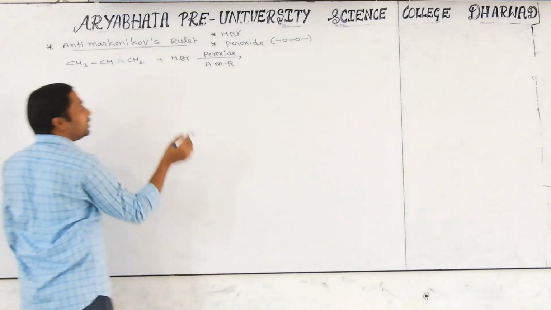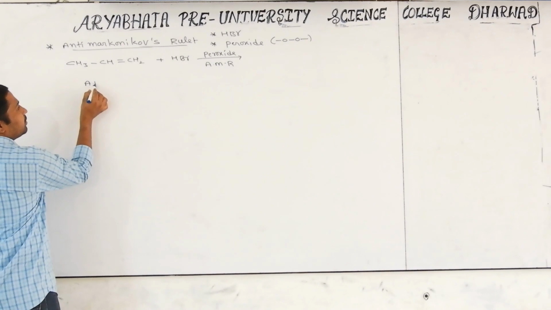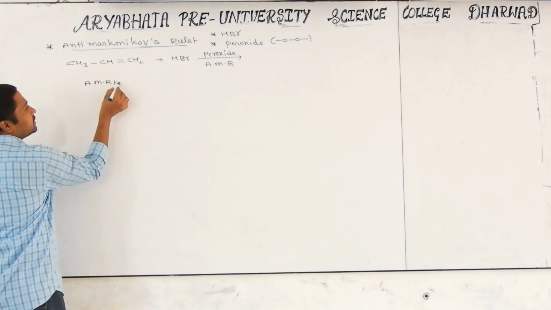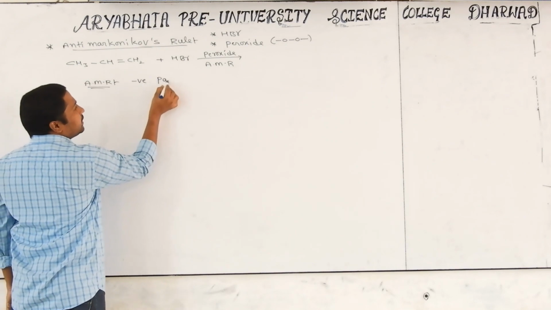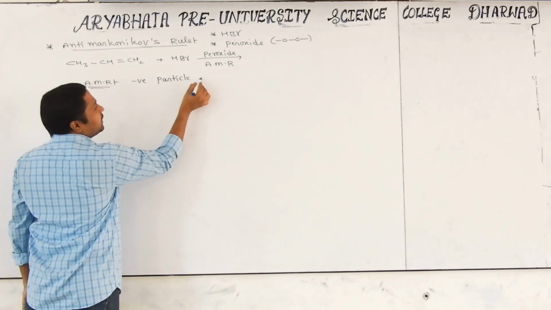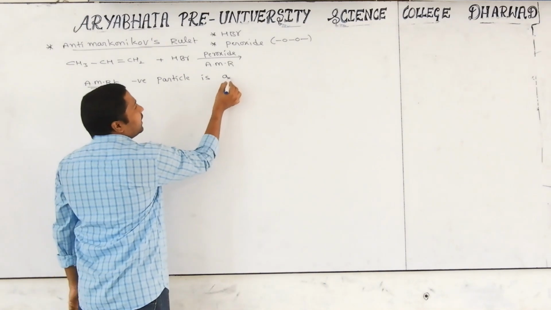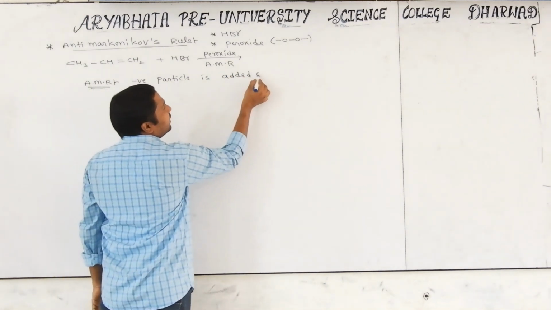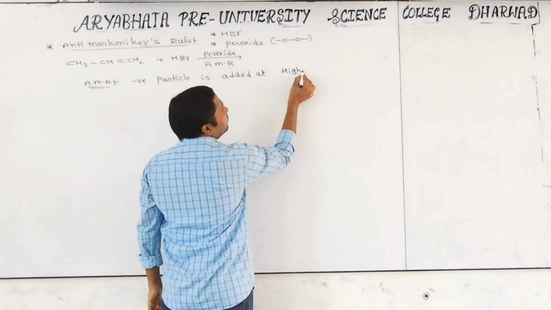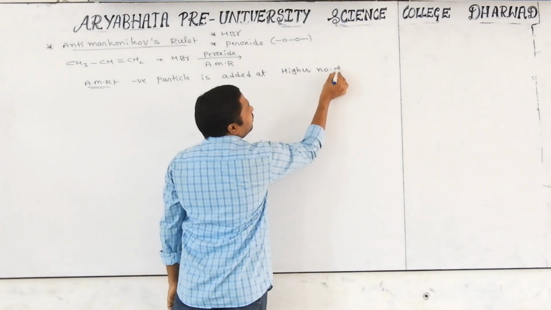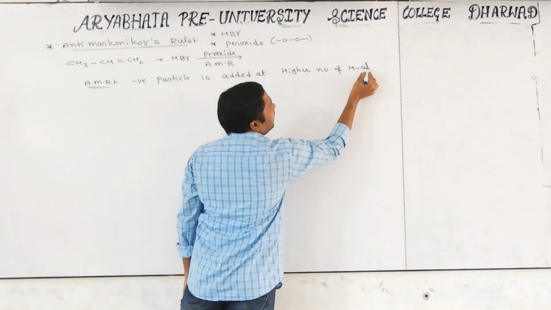According to the anti-Markovnikov rule, the negatively charged particle is added at the double bond carbon atom having a higher number of hydrogen atoms.